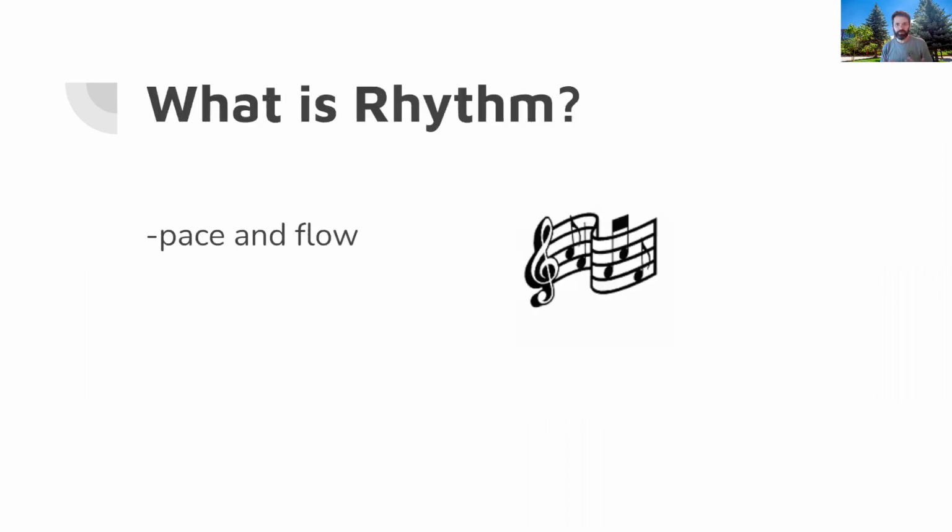What is rhythm? We could think of rhythm as being the pace and flow of the language. What is the pattern or the beat of the language? We can think of this as a musical score. Does the music score have the same quarter note for every single meter? Or is there variety in the pacing of those notes?